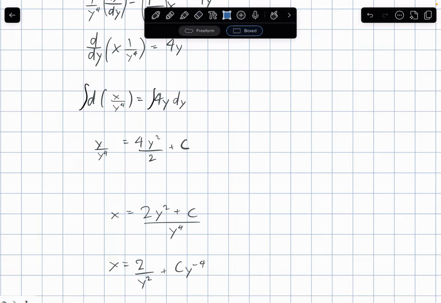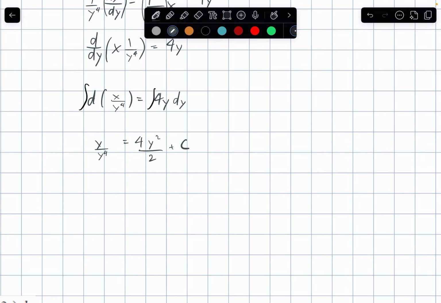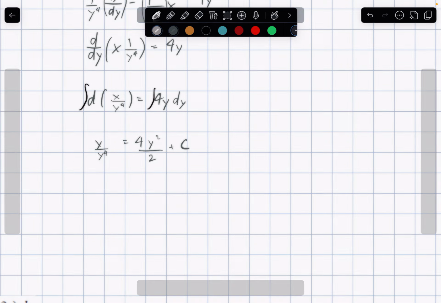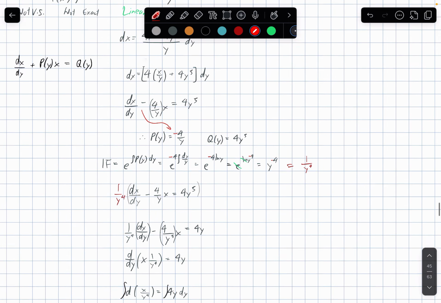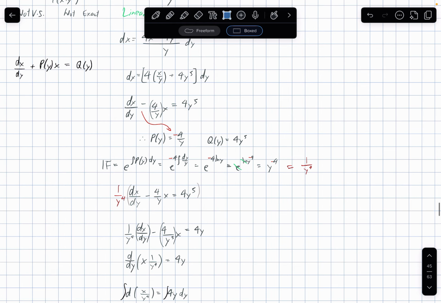No, another mistake. If you want to isolate y raised to 4, you don't divide because it's already in the denominator. You multiply both sides by it. Problem solved. This is the final answer. That's for number 15.